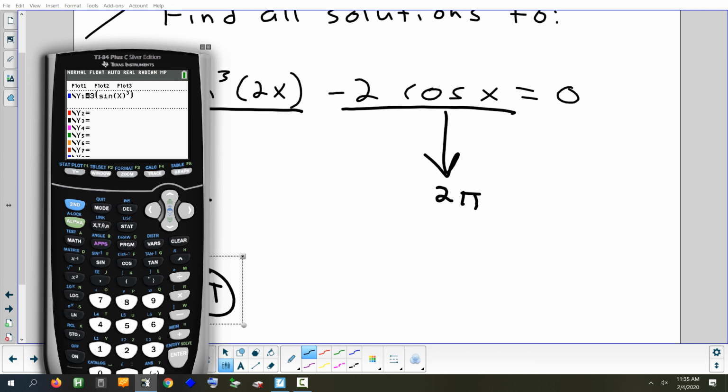That's how you can type it in. Except I should have put a 2 in front of the x. Forgot about that. So 3 sine 2x, and we're going to cube it, minus 2 cosine x. And we're looking for how many times it crosses the x-axis.